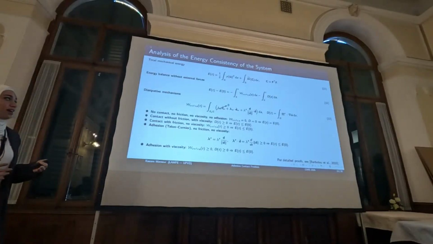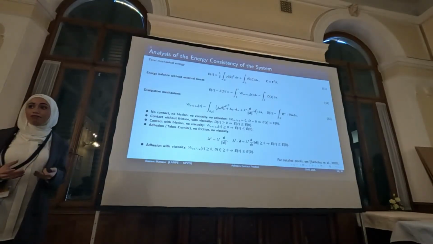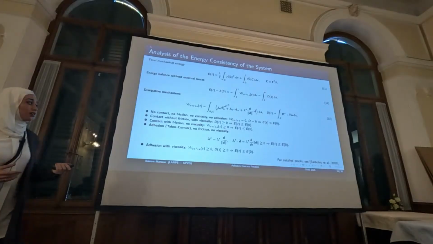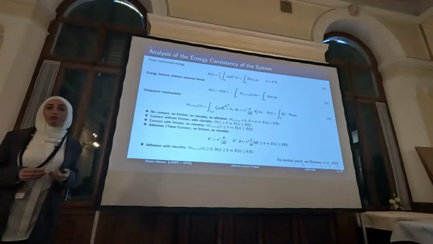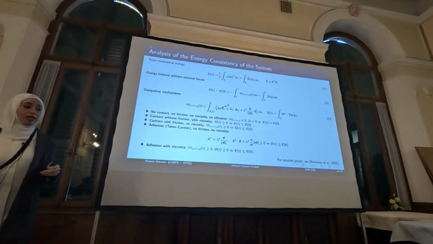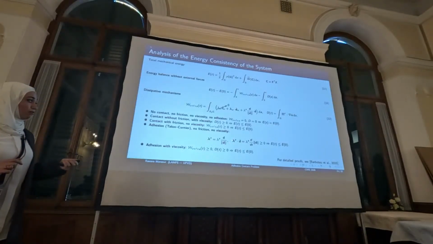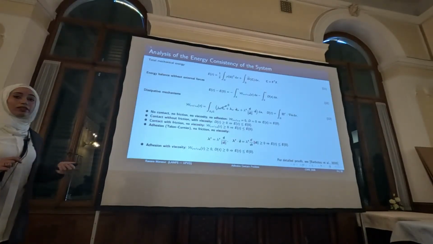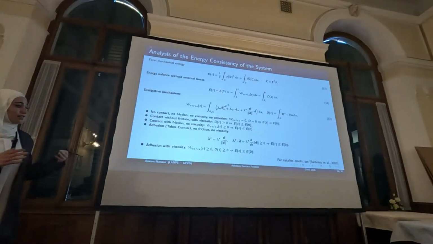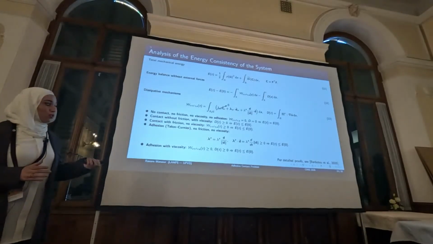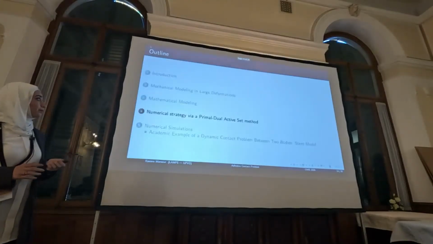Conversely, as soon as these mechanisms are active, energy is decreasing. Note that in the Talon-Cangemi approach, the energy dissipated from adhesion is always positive, thanks to the fact that the adhesion force is active only when the contact gap norm D is increasing. For a detailed proof, we can refer to our paper.